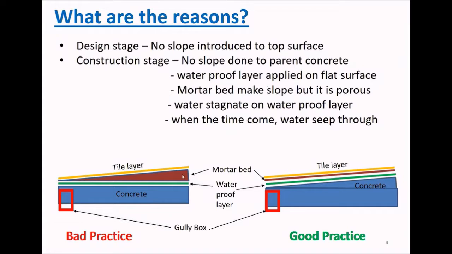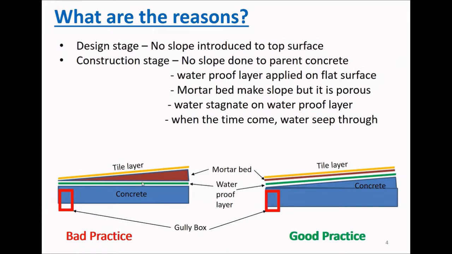Then after that, the contractor applies a mortar bed on top of this. They are making the mortar bed slope, right? Then what happened? The mortar is not a non-porous material. Always this is a porous material. Water can seep through this mortar.